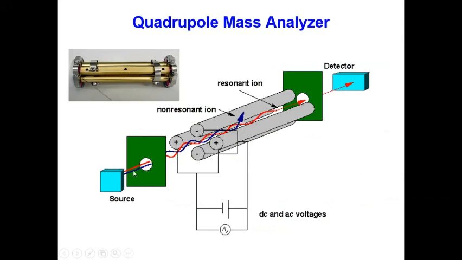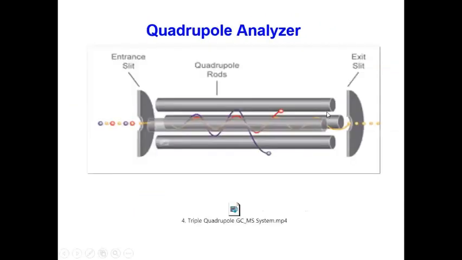When the ionized ions pass through this quadrupole mass analyzer, here again the ion which reaches the detector follows the trajectory path. The important condition is that the molecular ion of a molecule matches the applied voltage and the applied frequency, and then that molecule will reach the detector.